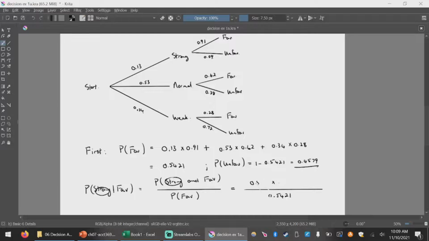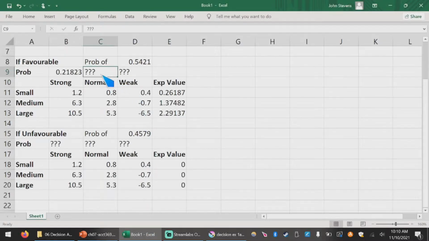Normal has probability 0.53, favorable 0.62. I don't want to waste any more time coming up with new formulas in my spreadsheet. Let's just type it in, right? 0.53 times 0.62, divided by probability of favorable, 60% chance that it's going to be normal.